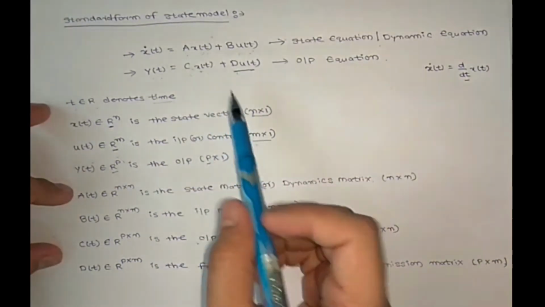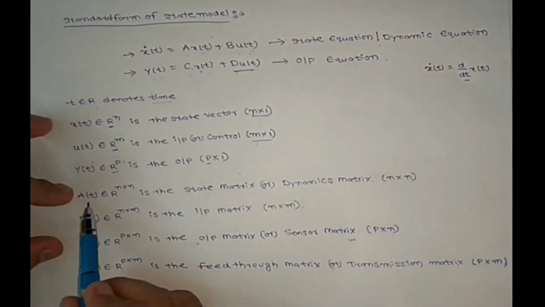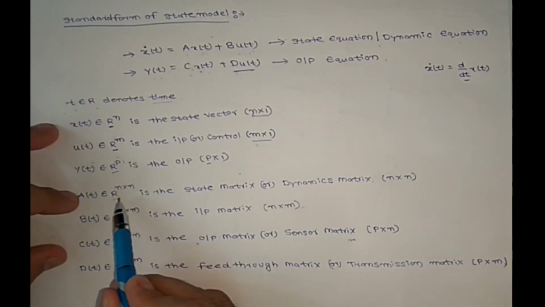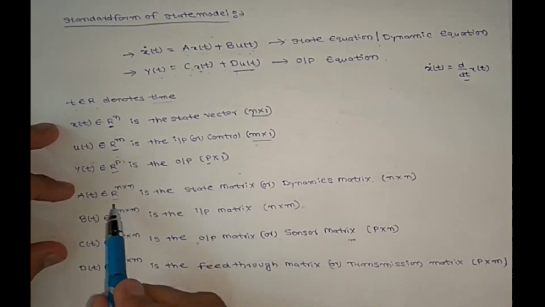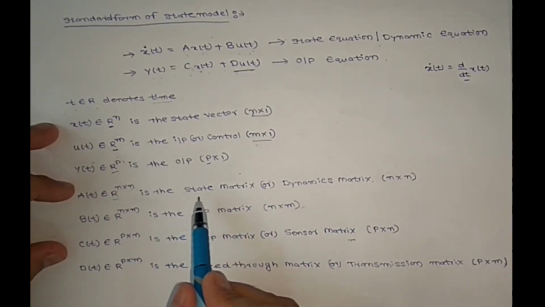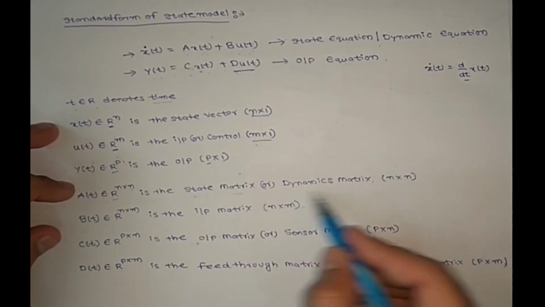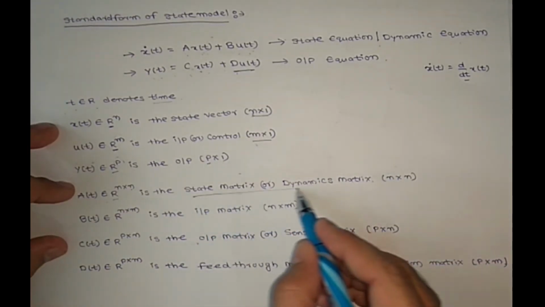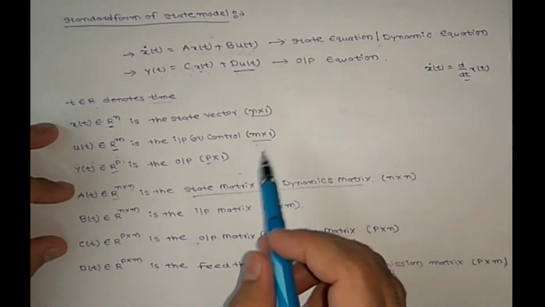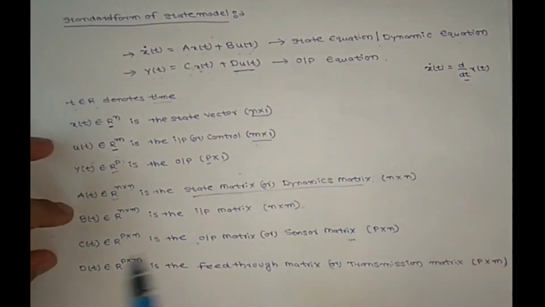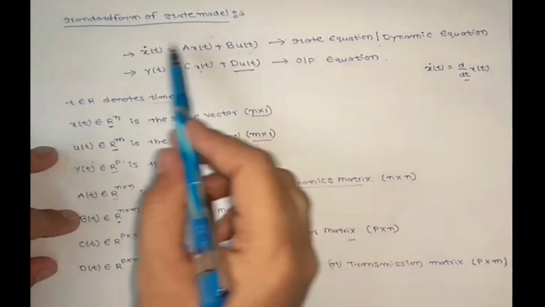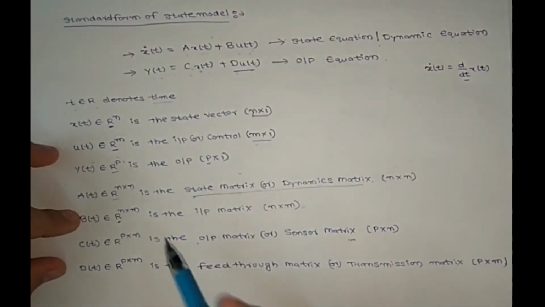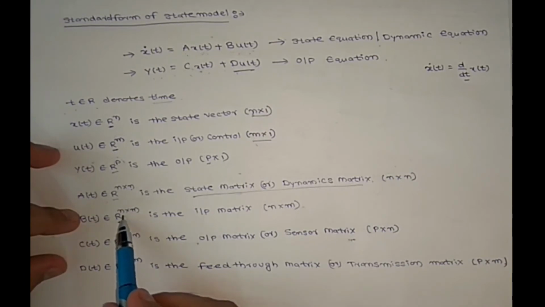Next, let us see A, B, C, D. A of t is real with n cross n dimension. A of t is called the state matrix or dynamic matrix. This is a very important matrix and plays the major role in the equation. B of t is also real, everything here is real values only, with n cross m dimension.